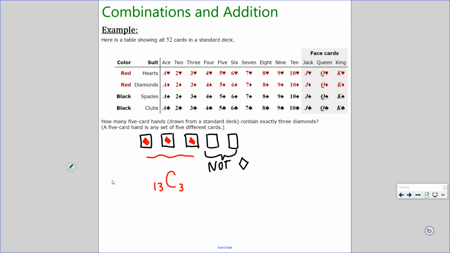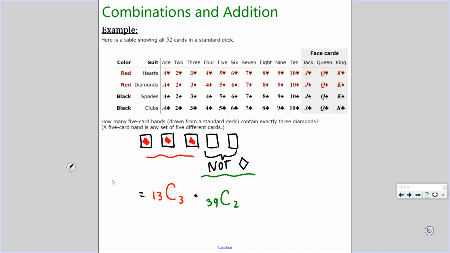So how many cards are not diamonds? 52 minus 13. What'd you say? 39. So these 39, we're going to choose 2. And we'll times these together for my different combinations of each in my 5-card hand.